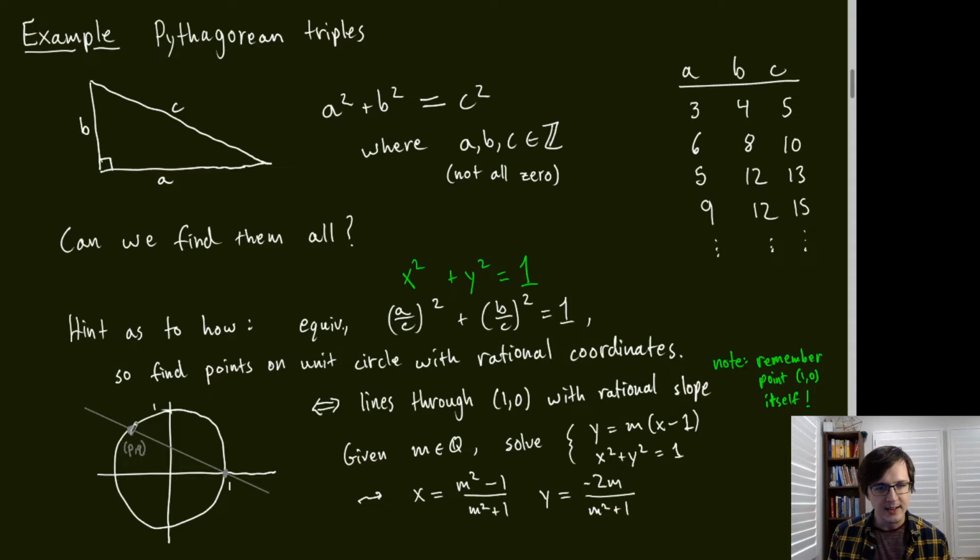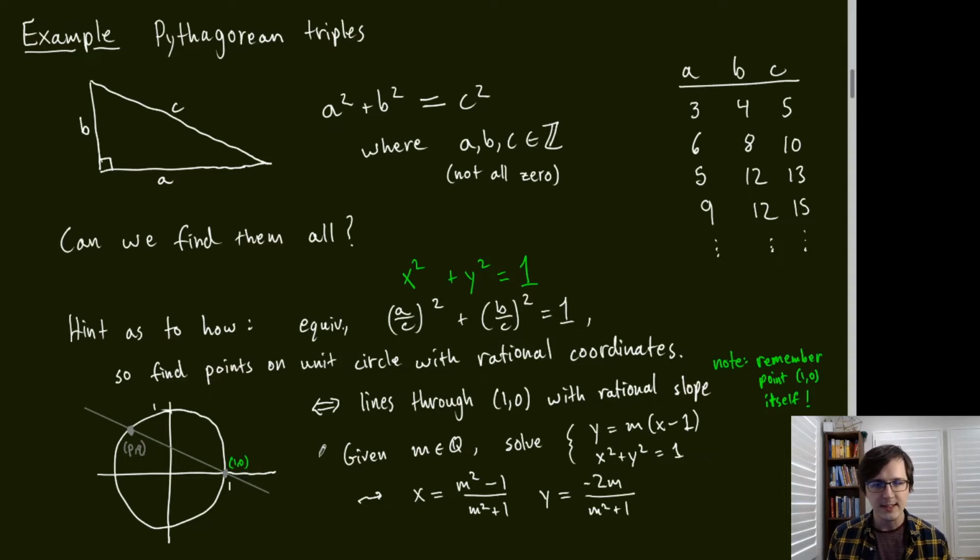So points with rational coordinates is how they're referred to. A really good observation about this problem is that if you did have a rational point, then you could take the line through it and the point (1, 0). And if you look at the slope of this line, the slope is rational. So on one hand, we know that whenever we have rational coordinates, then this line has a rational slope.